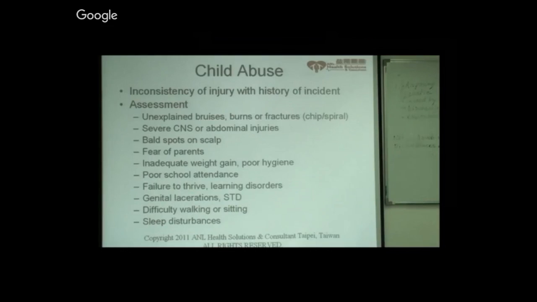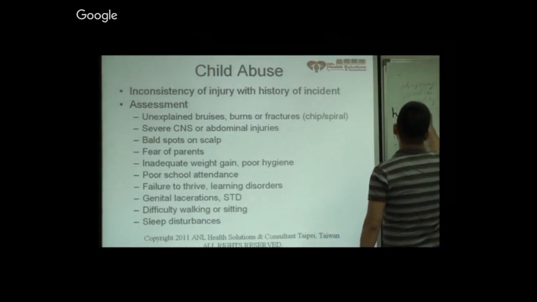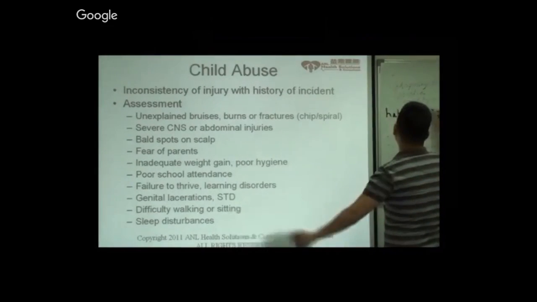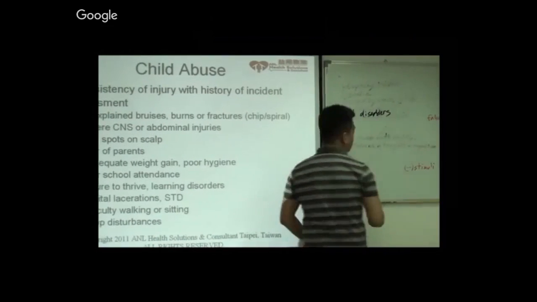What else? Some children don't cry when you put them in front of a stranger. They also have habit disorders, you can add that there.